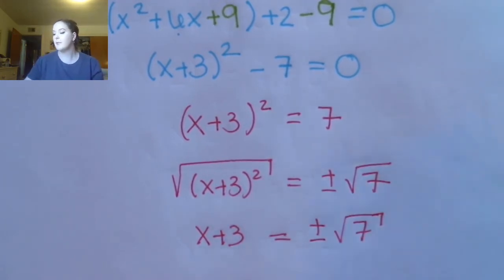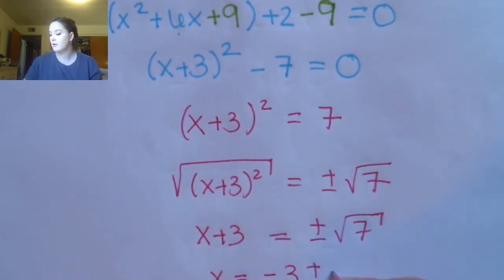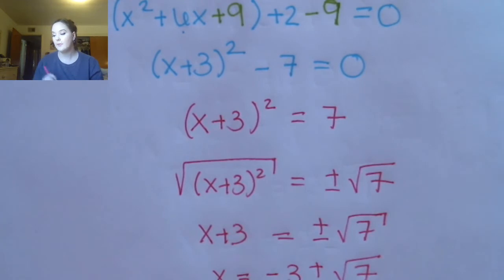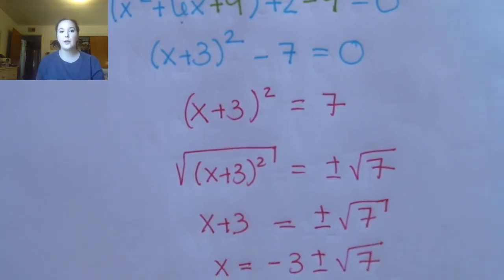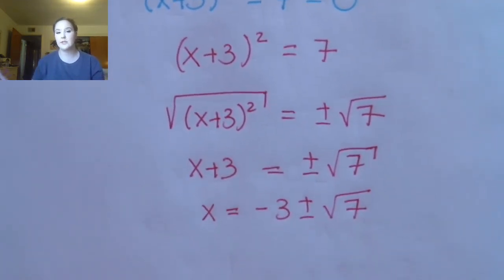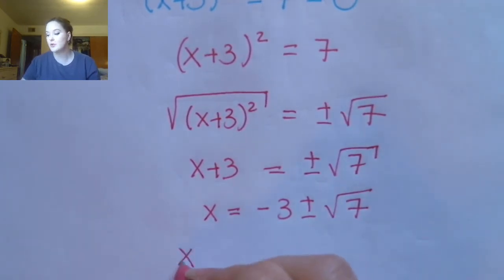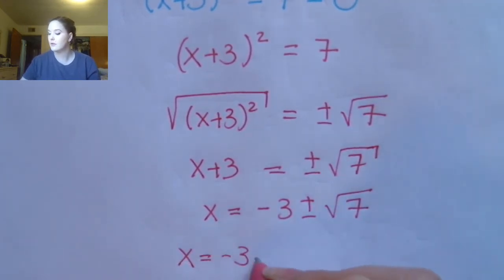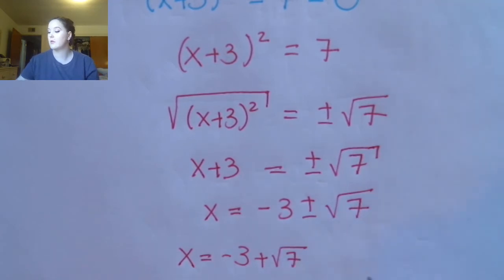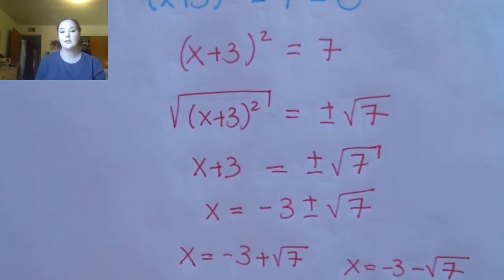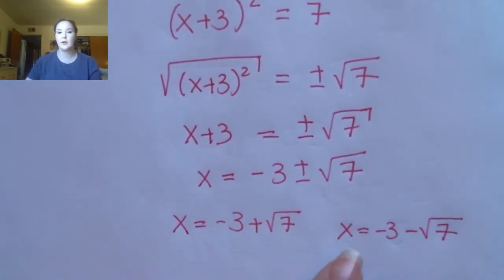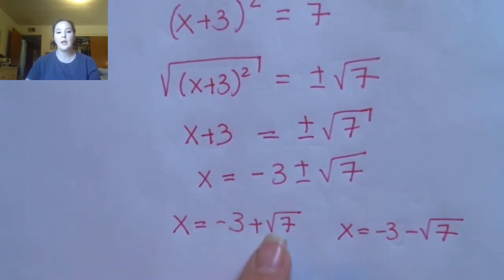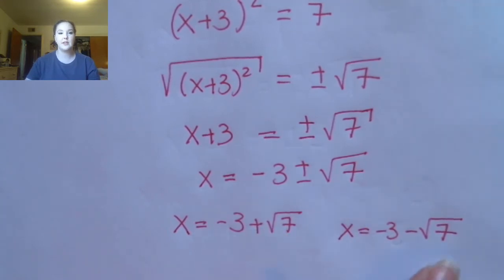And now I'm going to subtract 3 from both sides. Now, I just want to point out that, like we talked about in the previous example, our two solutions are radical conjugates. So you can see that pair of answers where the whole number part is the same and the square root part is opposite, just like we talked about in the previous section.